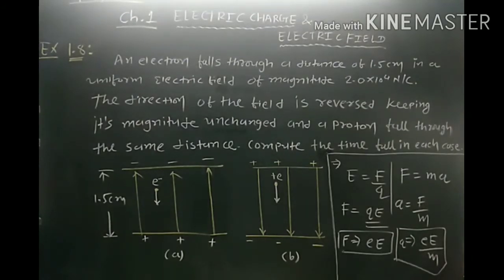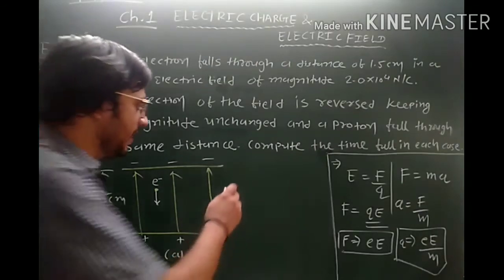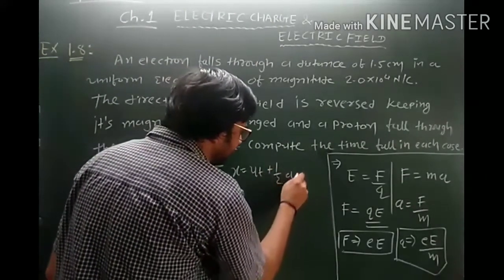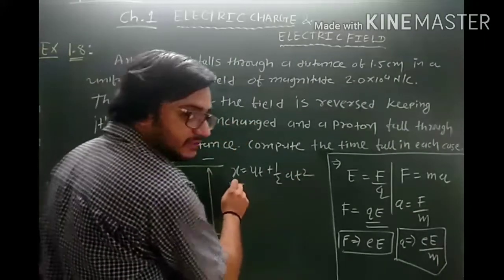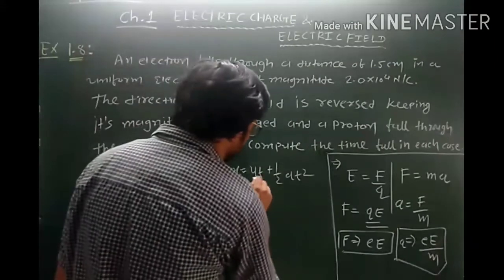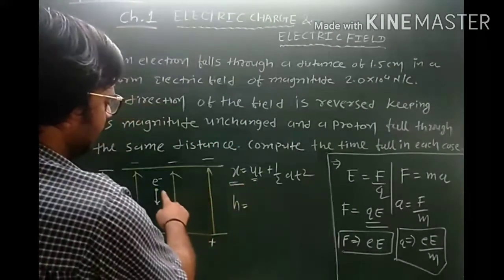Now we can find the time to fall through the same distance with unchanged magnitude. We know the equation of a freely falling body is given by x equal to ut plus half at square. Here x is the height, so we can write h rather than x, and u is the initial velocity, which is 0.